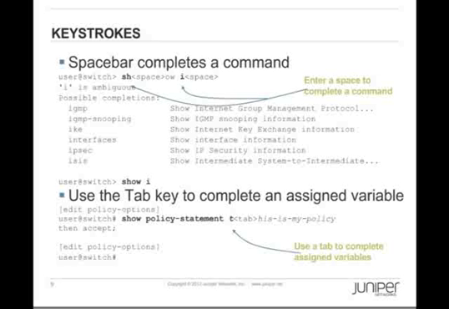You have to type enough that it can uniquely identify it. If you don't, it will tell you that there are 2 or 3 or 4 commands that match what you typed, and which one do you want? Then you type it out to complete it, and press tab or the space bar, and it'll do it for you.